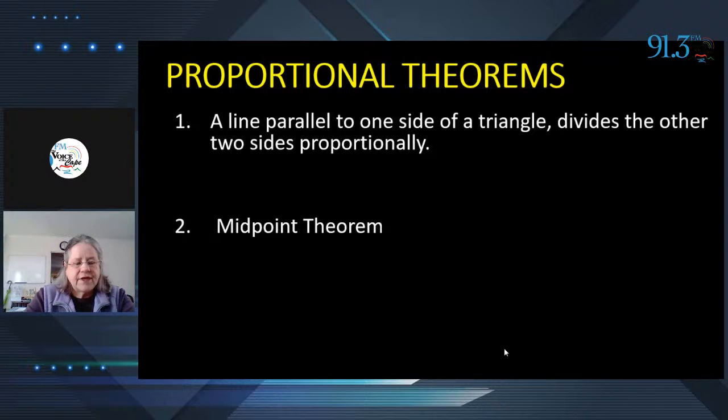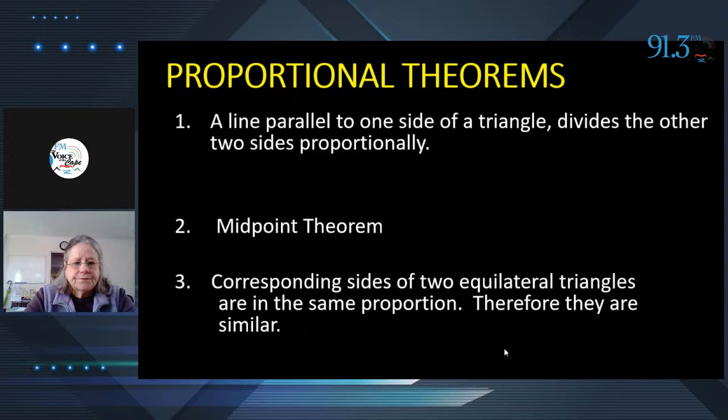Now, the midpoint theorem, with that one, that parallel line is basically in the middle of 2 of the sides. So therefore, you will have 2 sides of a triangle split in the middle with a parallel line. And then there are various deductions that you can make out of that. But I'm not going to go into that today.